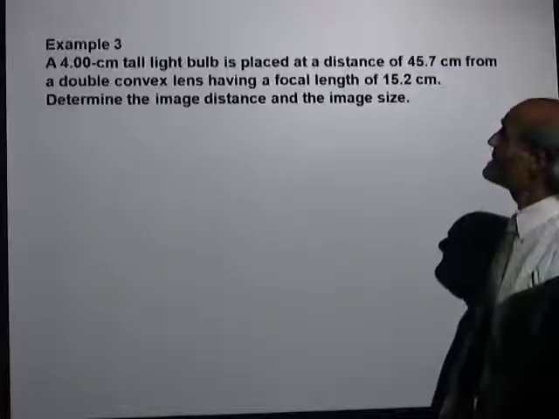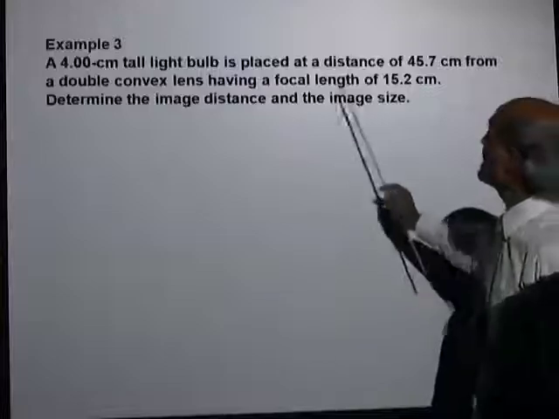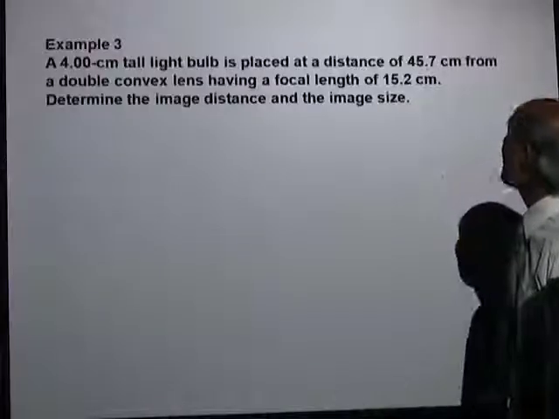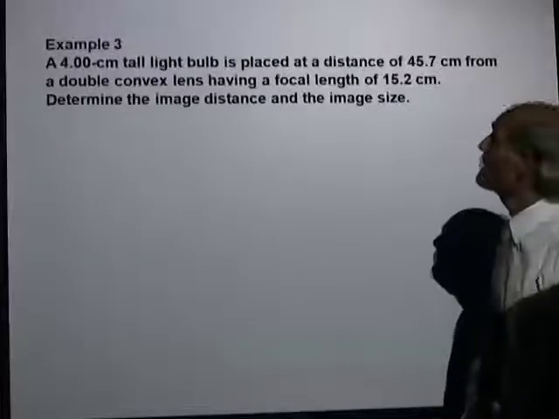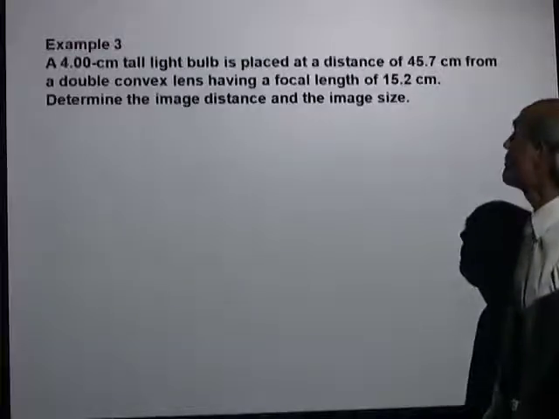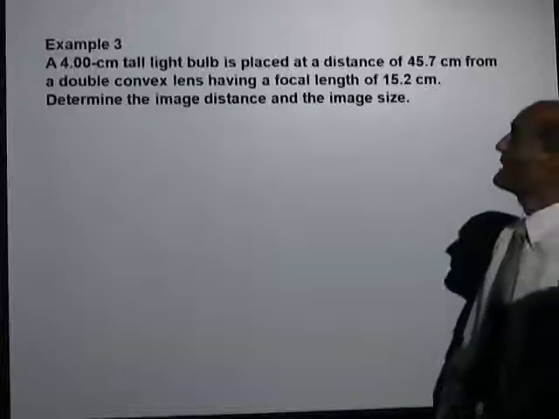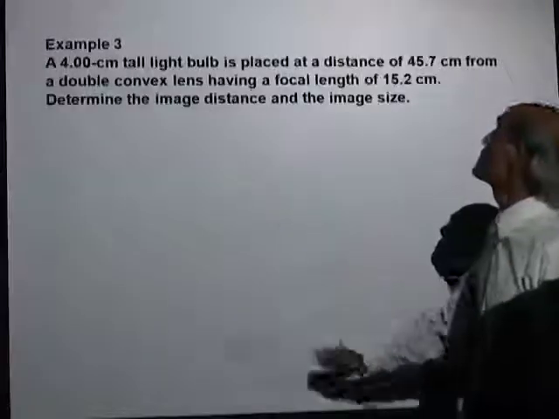A 4 centimeter tall light bulb is placed at a distance of 45.7 centimeter from a double convex lens having a focal length of 15.2 centimeter. Determine the image distance and the image size.